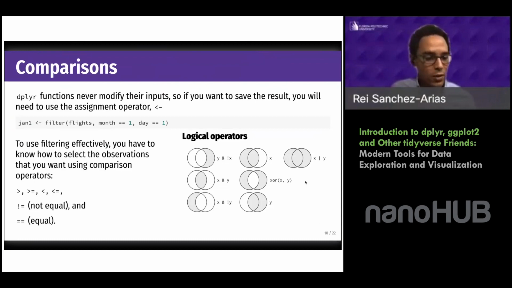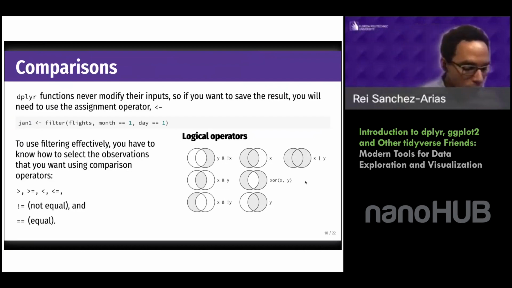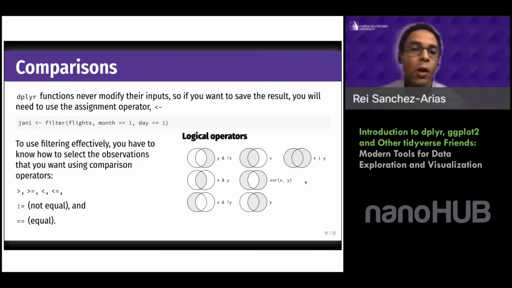So I can use things like greater than, greater or equal than, not equal to, and so many more. And as I said, logical operators. You can do exclusive ORs or differences.